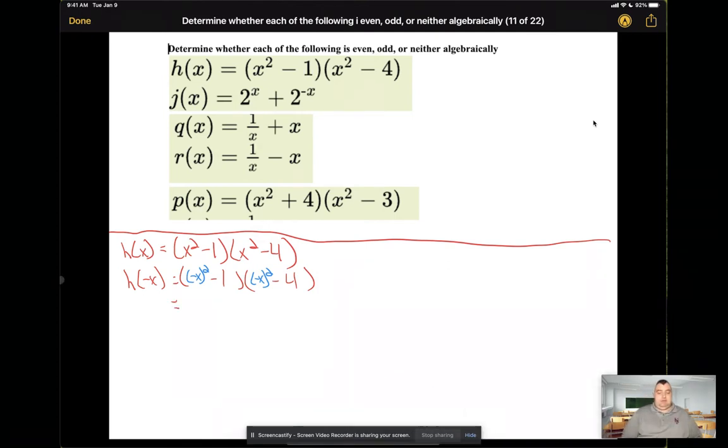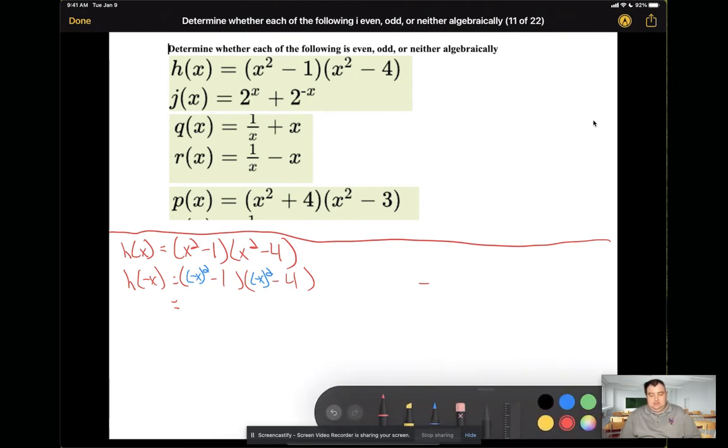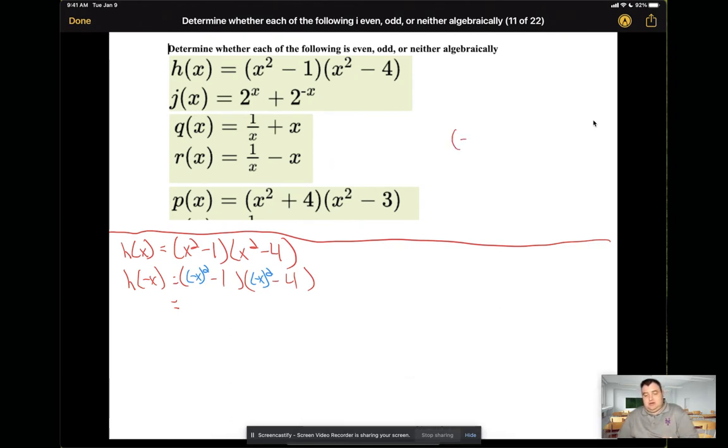Well, what happens if I take negative x and I square it? Negative x squared means negative x times negative x. And remember, that's really a negative 1x times a negative 1x.